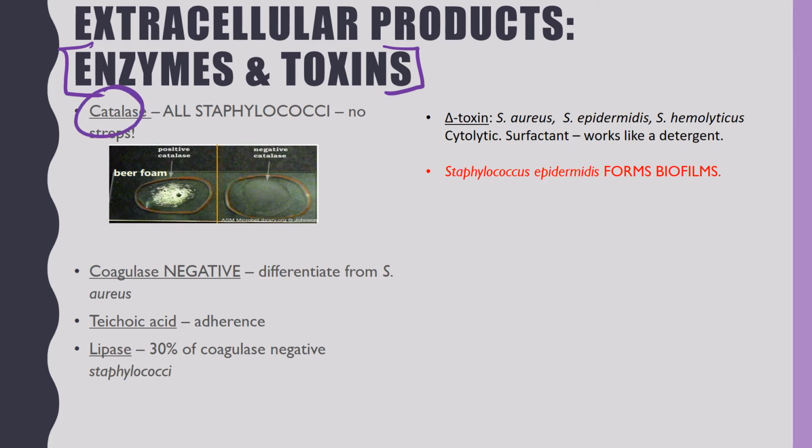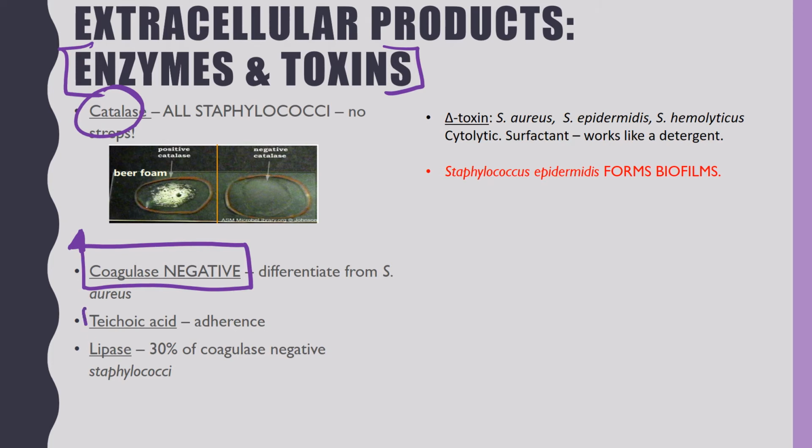How do we tell it apart from Staph aureus? Well, Staph saprophyticus and Staph epidermidis are both coagulase negative. In fact, Staph epidermidis is oftentimes referred to as coagulase-negative staphylococcus. So that's one way that we can be certain that we're talking about an organism that is not Staph aureus, that is a staphylococcal organism.